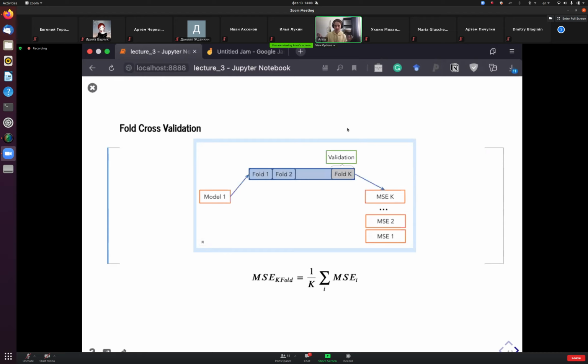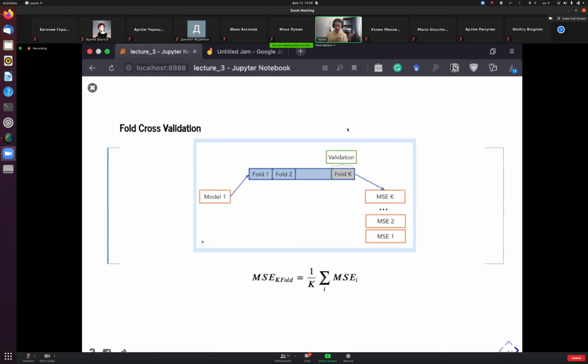Then we do the same for model number 2, for example, a model with a different lambda. And we again compute its mean squared error on cross-validation. And then this cross-validated error is used as a comparison. Why is this good?